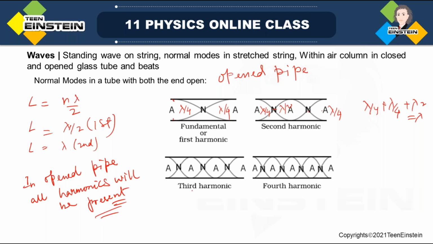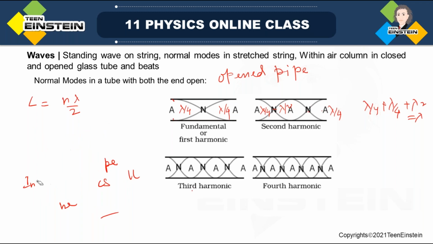Now we'll go for the expression for the frequencies. From here, lambda will be 2L by n, and from there we can find nu is equal to the speed of sound, or speed of longitudinal wave within the air column, divided by lambda.